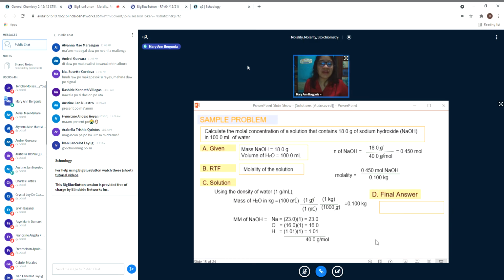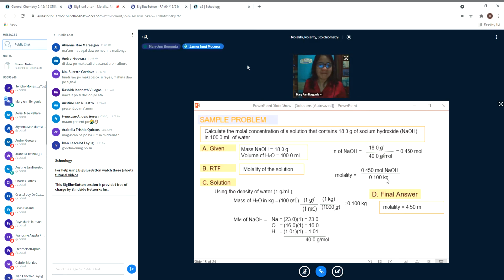So for our final answer, molality is equal to 4.50 molal. Or pwede rin ninyong gamitin yung unit na mole per kilogram. So, 4.50 mole per kilogram. Wala kang makakancel na unit class kasi mole per kilogram lang talaga siya.